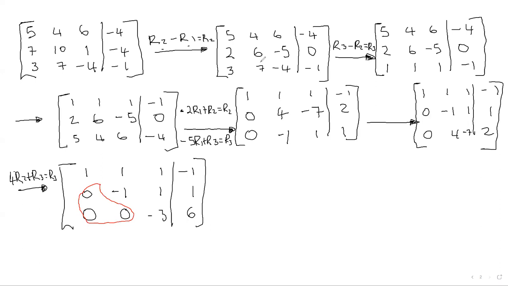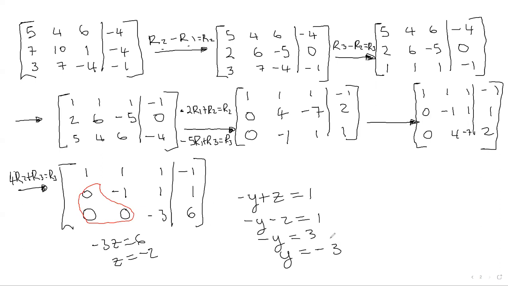You can just find the answer now by saying -3z is equal to 6, z will be equal to -2. Then I come to the second one, minus y plus z is equal to 1. I've got z, minus 2, minus y minus 2 is equal to 1, minus y is equal to 3, y is equal to -3. And then, of course, I can get the x here.